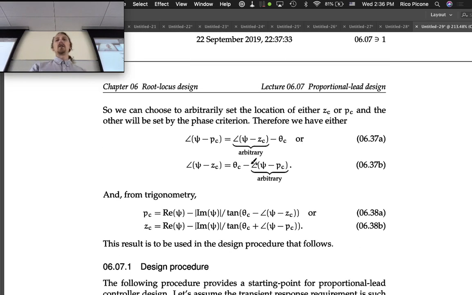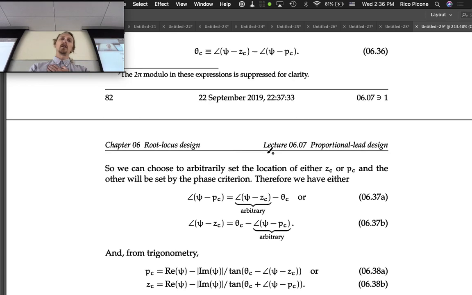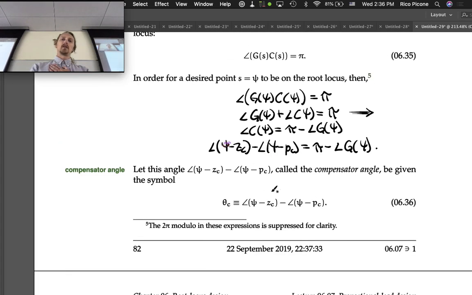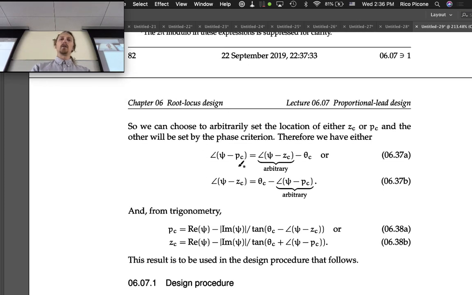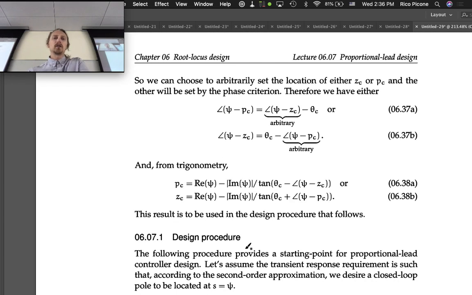But how we'll use them is we'll say, okay, zc we'll set arbitrarily. Theta c, we know from our psi point what that should be, and we will therefore compute it from here, and then we will compute either our pole angle contribution or our zero angle contribution.